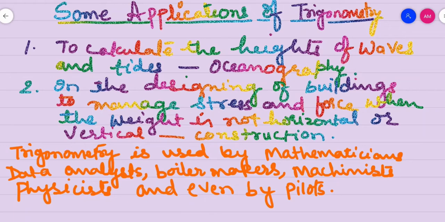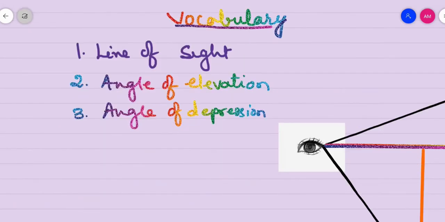Now, let us see how these works can be done by knowing the different vocabularies used to solve the practical problems. Now, children, if you want to use practically the things you know regarding trigonometry, you have to know certain things.